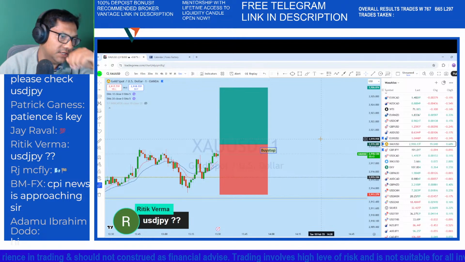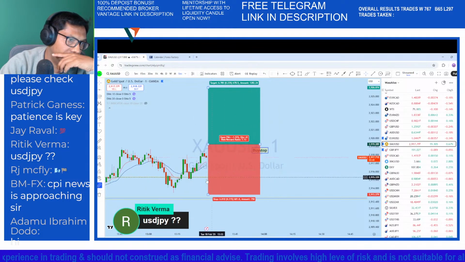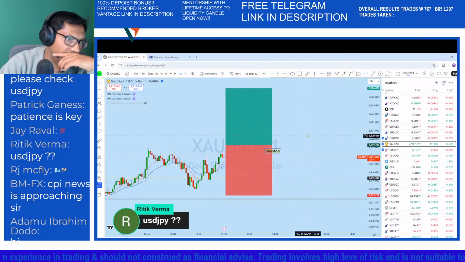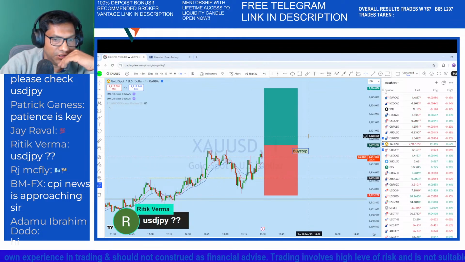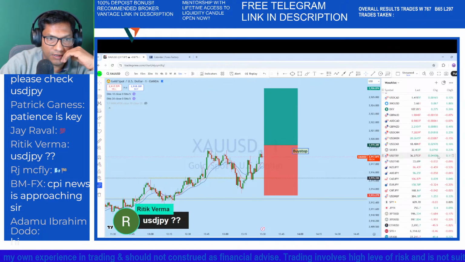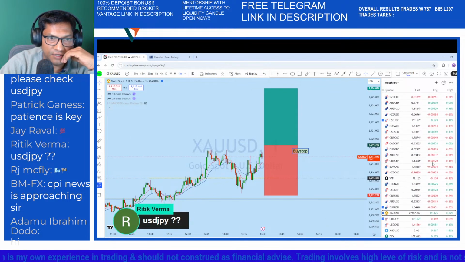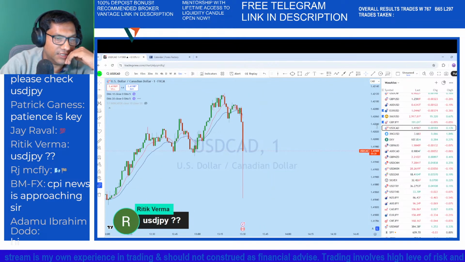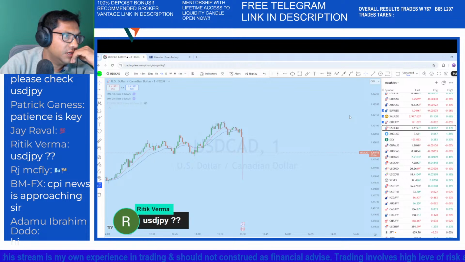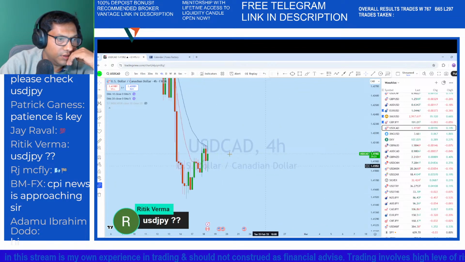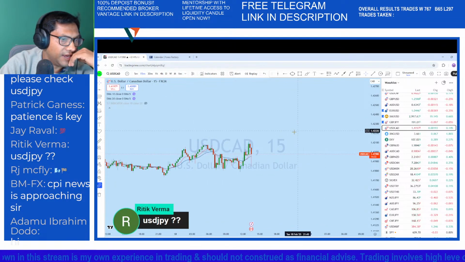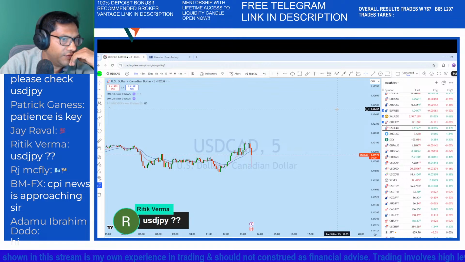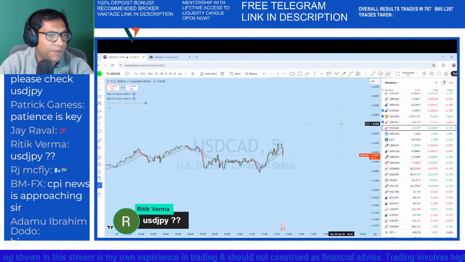Okay, here we can see the market forming a series of higher lows. All right, so you can see how that impacted the CAD news. If you look at dollar CAD, you can see this is a massive drop on the lower time frame. There is a spike here.